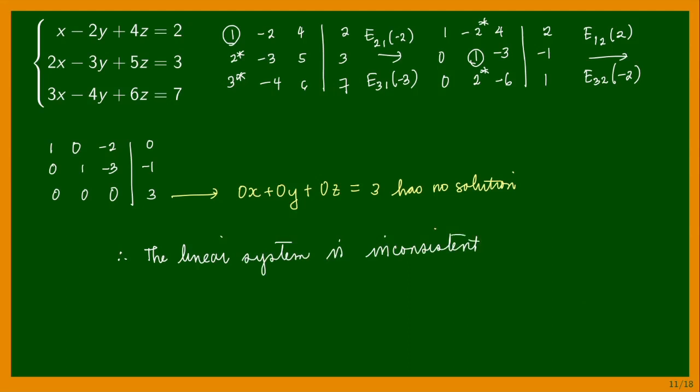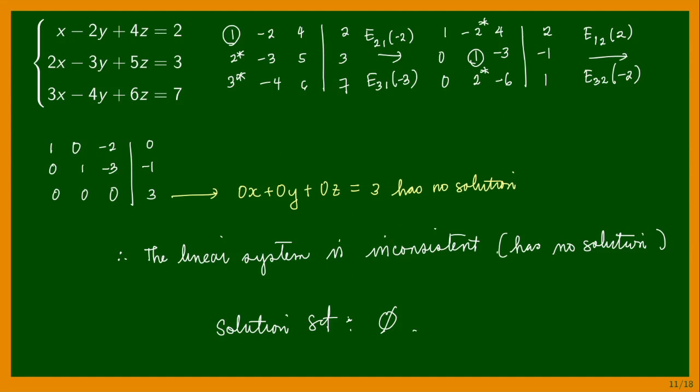Or you can say it has no solution. If you are asked about the solution set, how do you write it? The solution set is the empty set, because it has no solution.